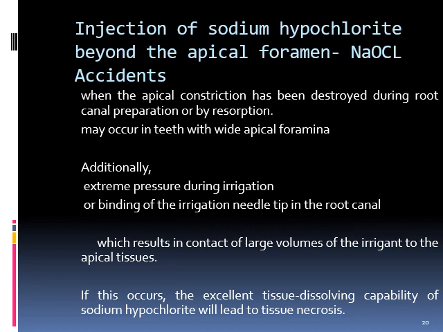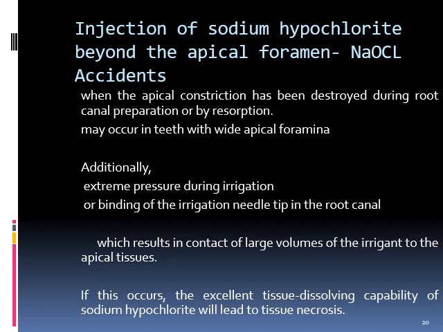So let's see what happens when sodium hypochlorite is injected beyond the apical foramen. These are called sodium hypochlorite accidents. This usually occurs in teeth where the apical constriction has been destroyed during root canal preparation, or due to the resorption of the root canals at the apex, or it may occur in teeth with wide apical foramina.